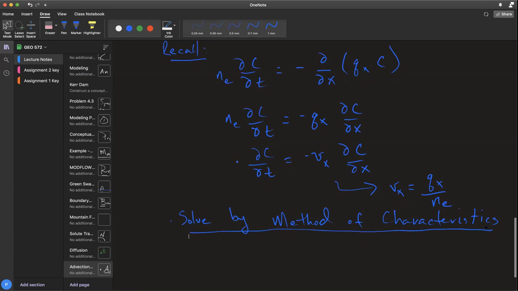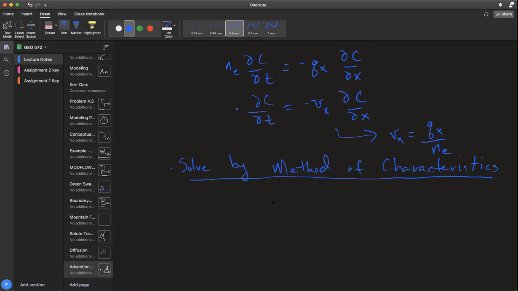All right, and we get this solution that says C of x, t is equal to f of x minus v_x t.